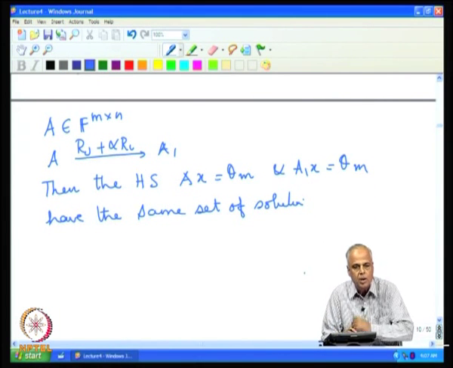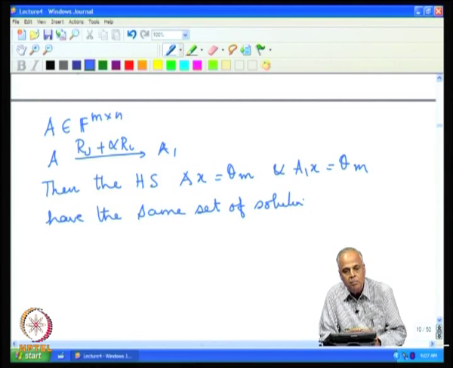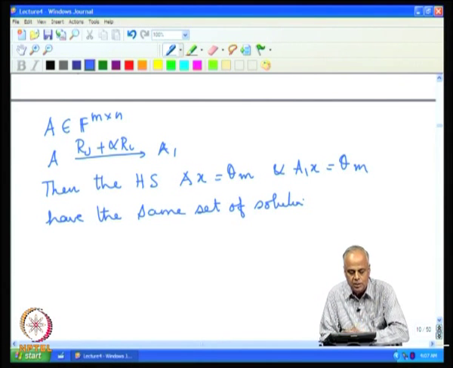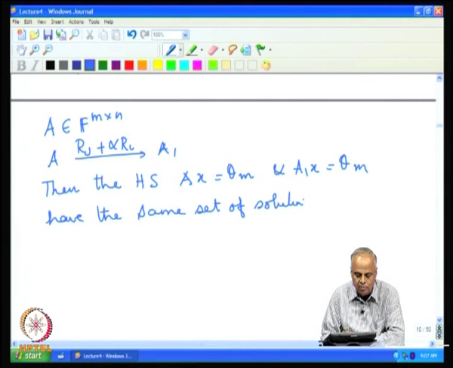Therefore, whether we solve the system Ax equal to theta m or the system A1x equal to theta m, both are equivalent because we are going to get the same set of solutions.